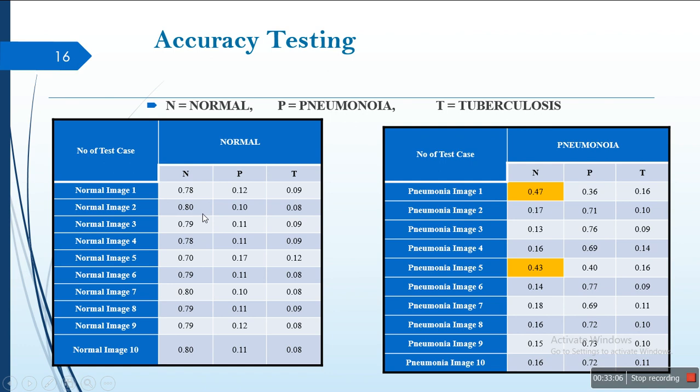I showed you in the demonstration. The images with mild pneumonia condition are identified as healthy, that means a normal chest X-ray image. It can be seen in the pneumonia table here, that orange color. It can point out the misdiagnosis of this system.